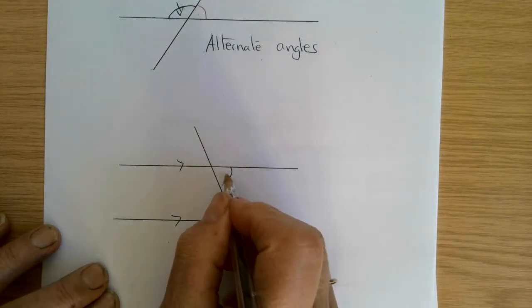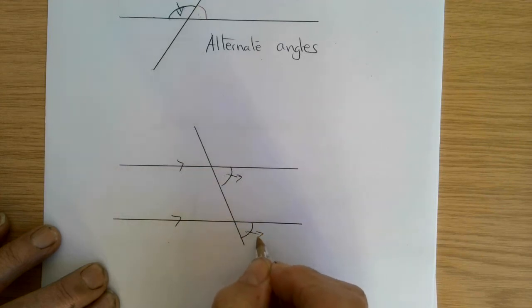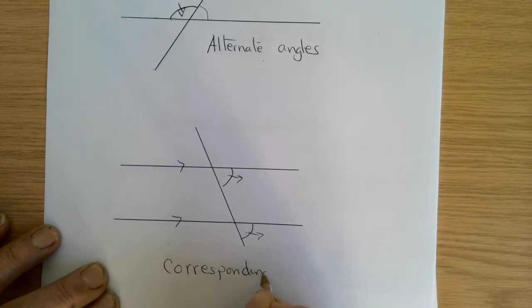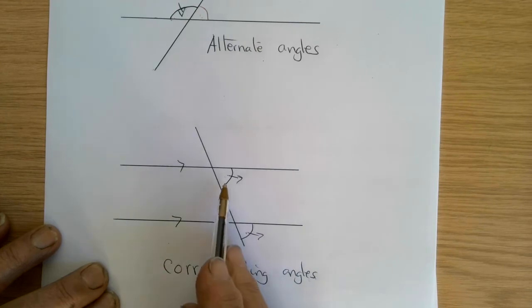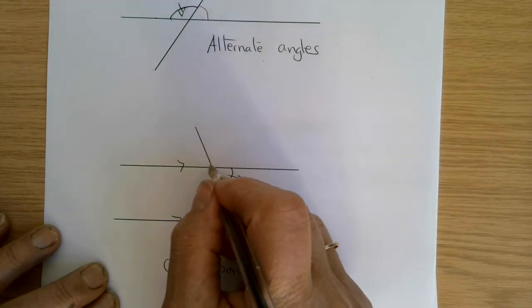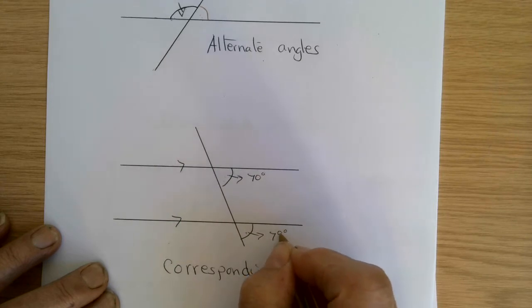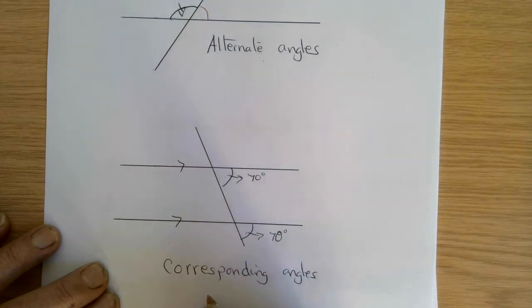So this angle and this angle are corresponding. Again, they'll give you, this one might be less than 90, so let's say that's 70 degrees. This one would be 70 degrees as well.